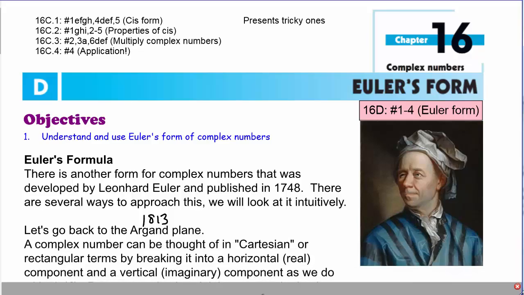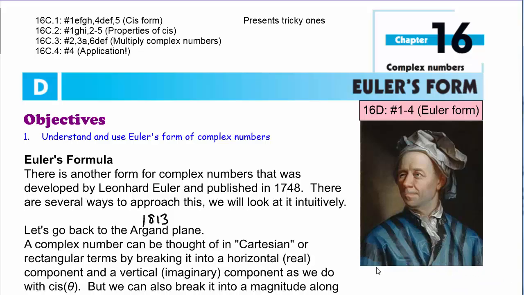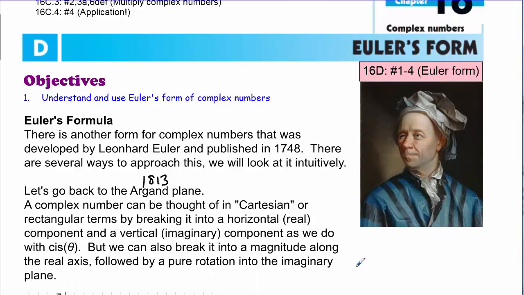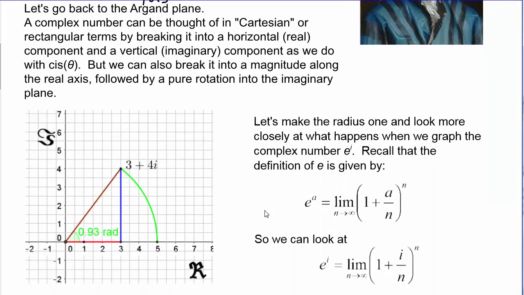What Argand did was he made a modified Cartesian plane by representing real numbers on the horizontal axis and the imaginary part of a number on a vertical axis.